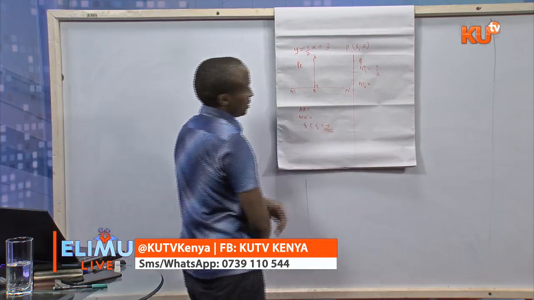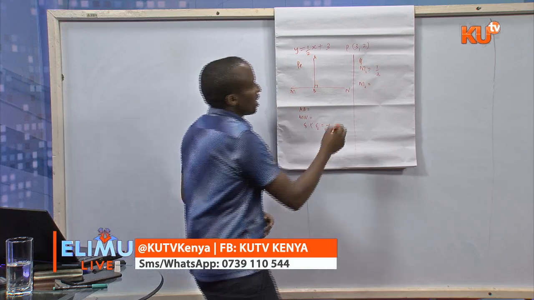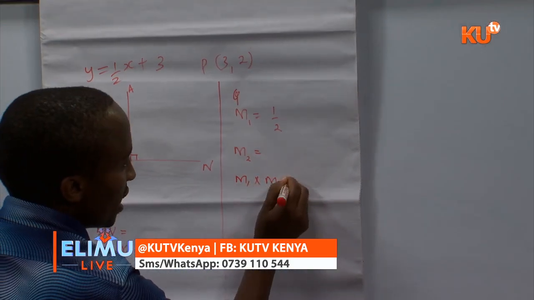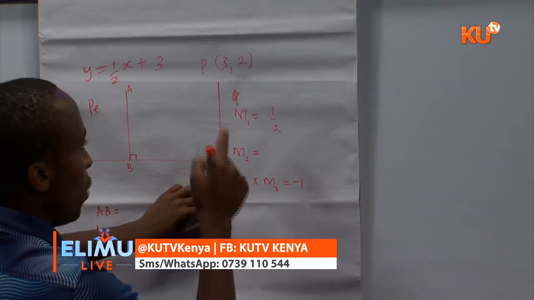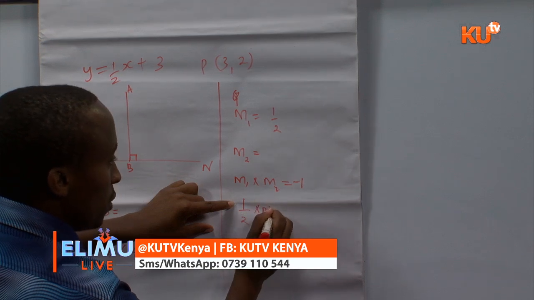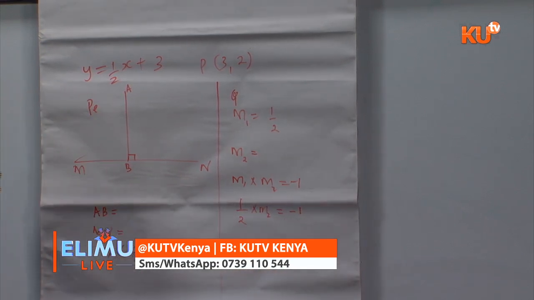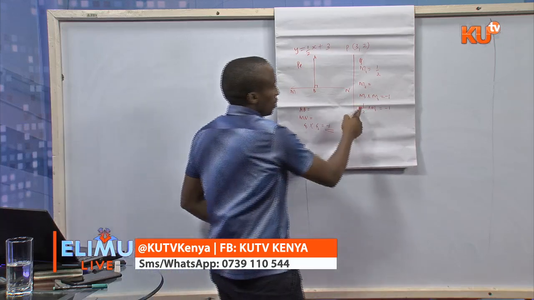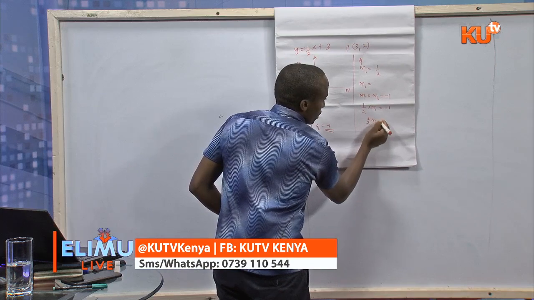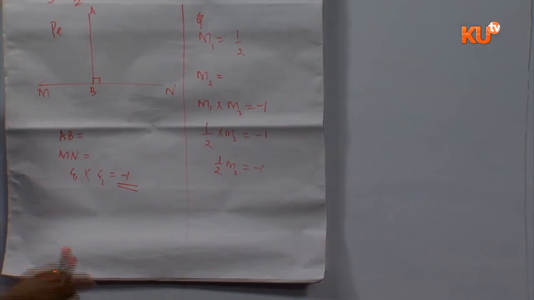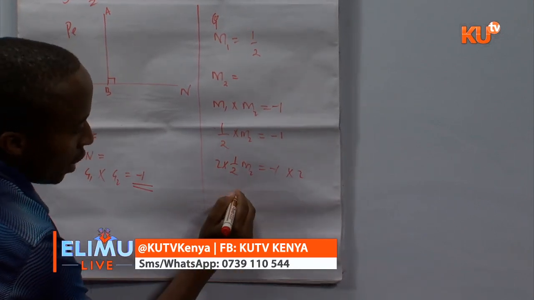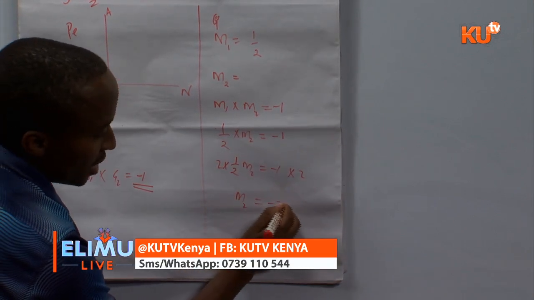Having known this concept, I can say that M1 multiplied by M2 is equal to -1. I know M1 is a half, multiplied by M2, they must give me -1. So let us find the unknown, which is M2. A half M2 is equal to -1. Multiply both sides by 2. So M2 is equal to -2.